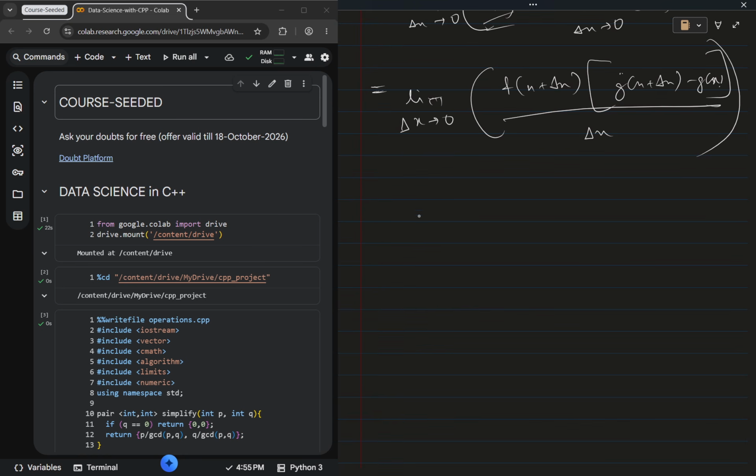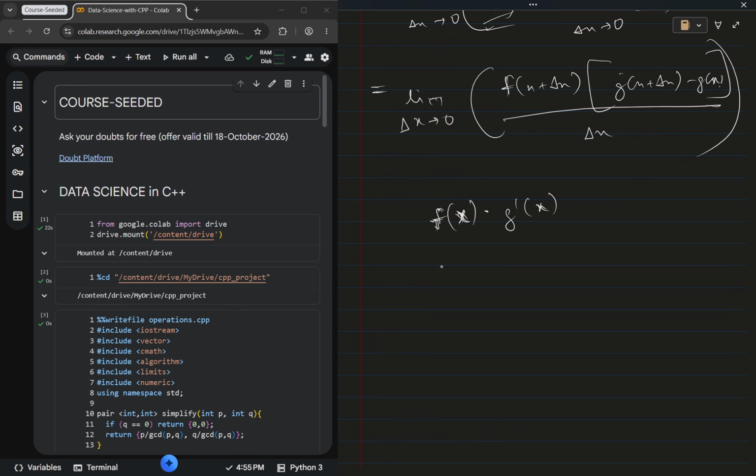So obviously you can directly see that this will be equal to f(x) times g dash x. Basically the limit of f(x + delta x) is f(x), everyone knows that, but let's prove that as well.